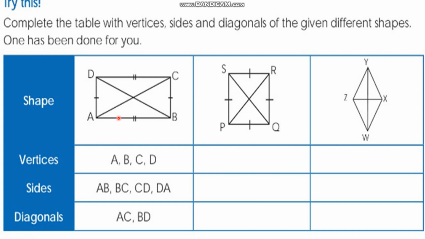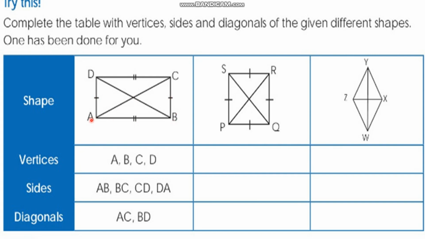So let's name. Look at the first figure. It's a rectangle, isn't it? And we know the opposite sides of a rectangle are equal. So here, these lines show these two sides are equal, and this line shows these two sides are equal. Got it?